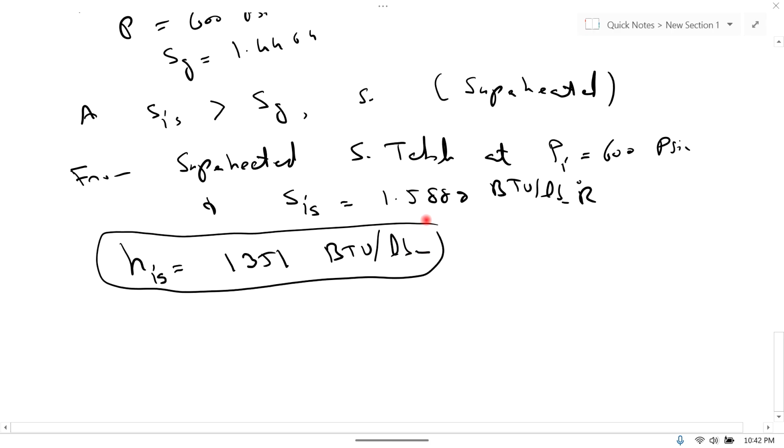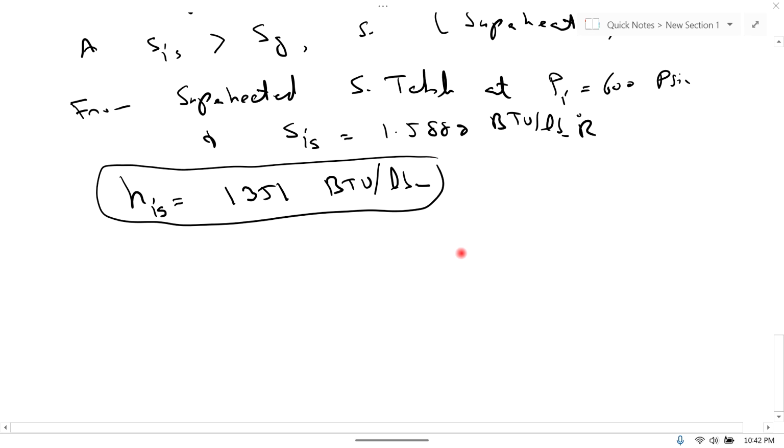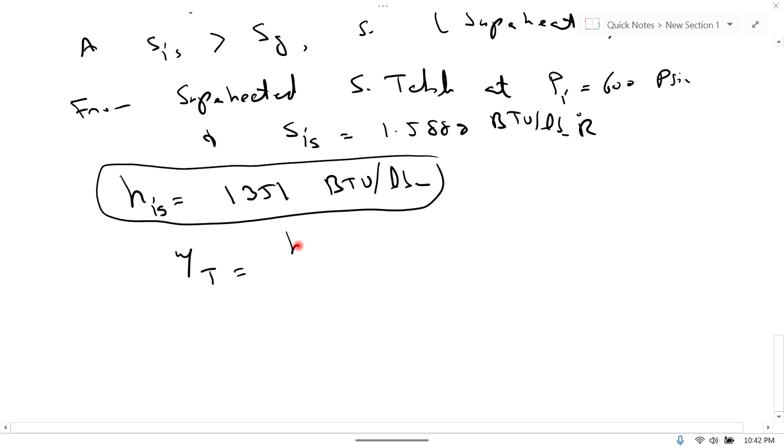And now, with this enthalpy, we are finding the actual enthalpy. We know that the efficiency of the turbine is equal to H1 minus H2 divided by H1 minus H2S. This is the formula from the Al-Wakil book.